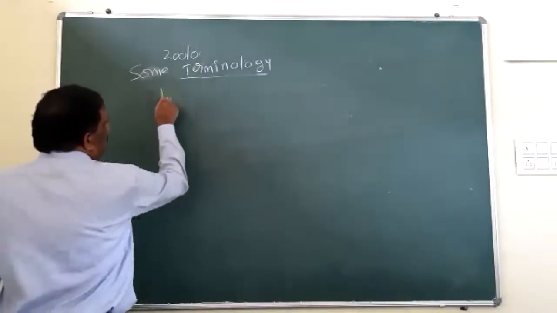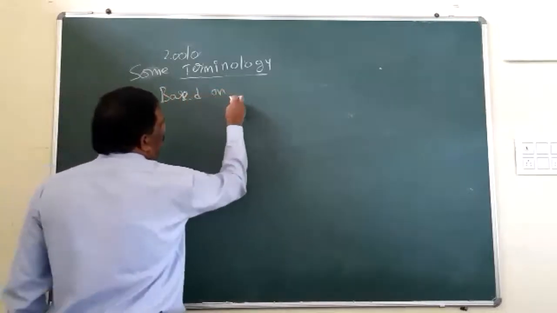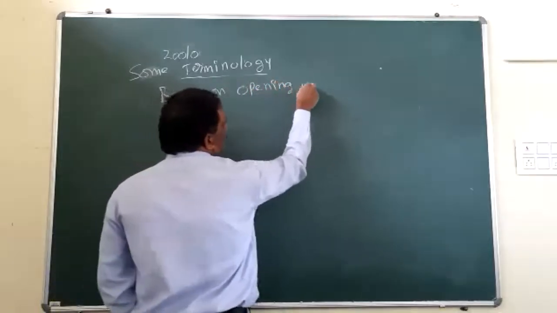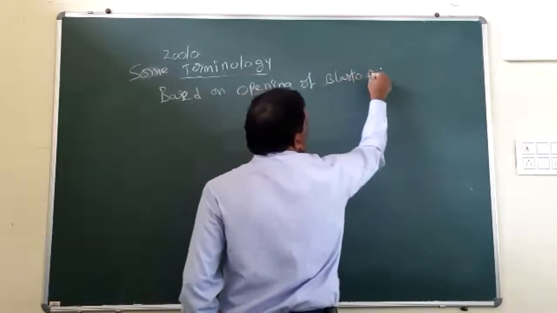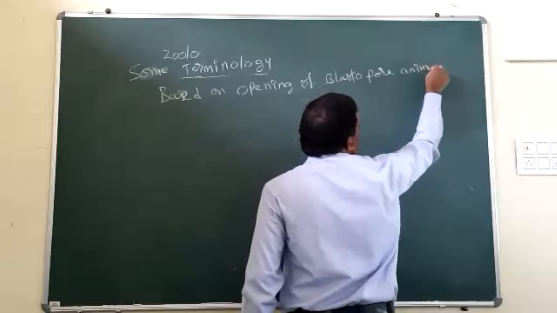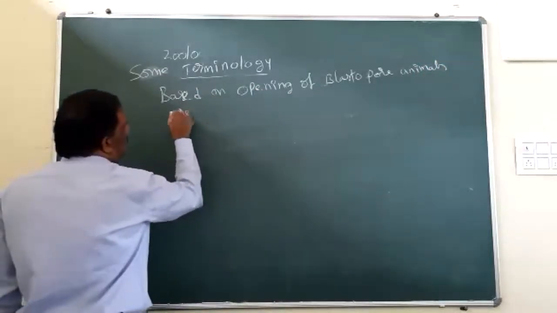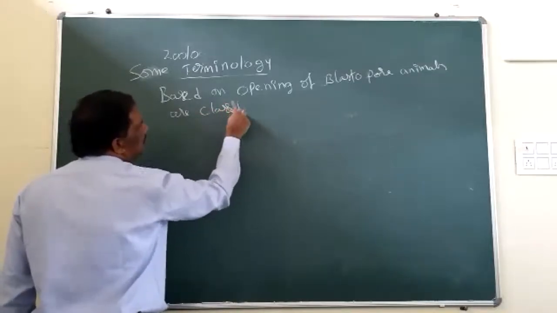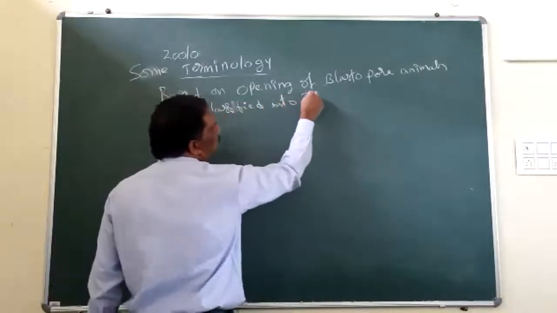Based on the opening of blastopore, animals or organisms are classified into two types.